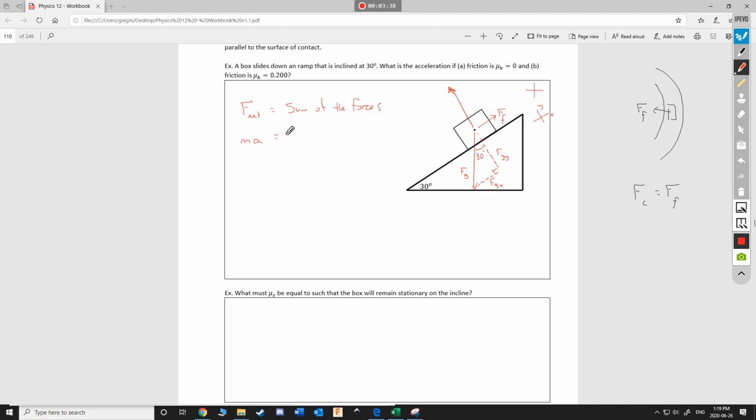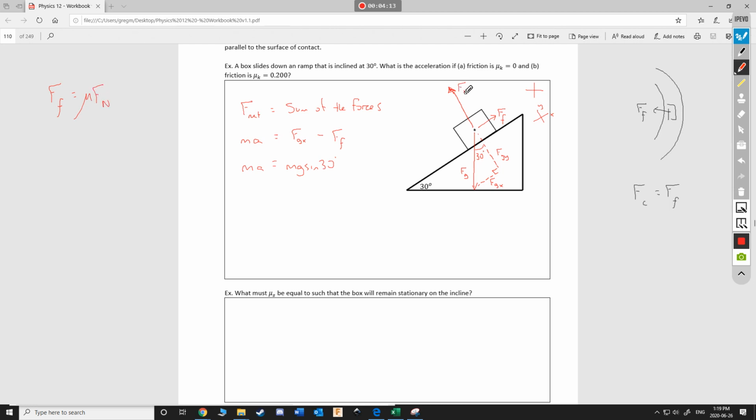So if I say down the ramp is positive, the force of gravity in the x direction, that x component, is kind of like the driving force. It's making it accelerate downwards. And then it'd be minus the force of friction, which is opposing that acceleration. So we end up with ma equal to mg, our force of gravity, but we need that x component, so that's going to be sine 30 based on our triangle, minus the force of friction, which is equal to the coefficient times our normal force.